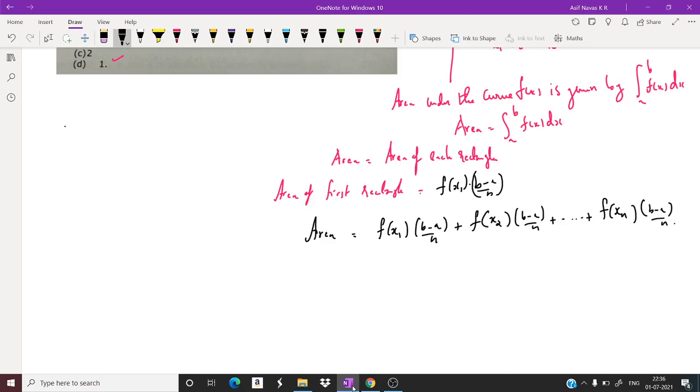Now we know that x1 is equal to x0 plus b minus a by n, where x0 is a, so x1 is a plus b minus a by n.